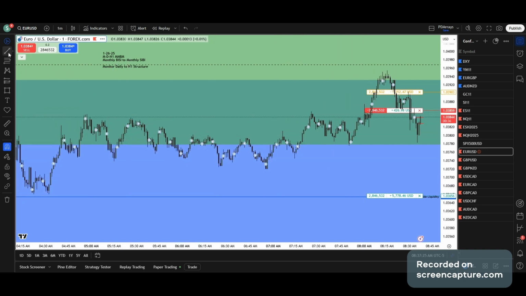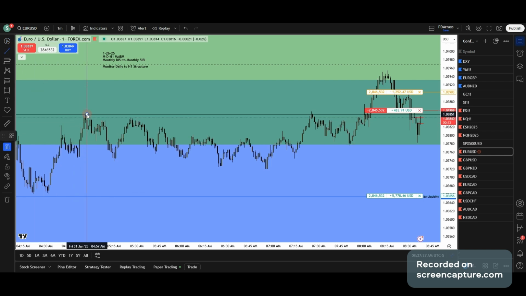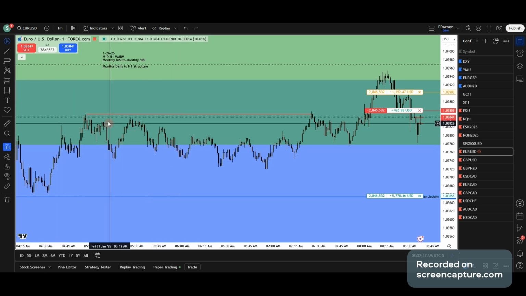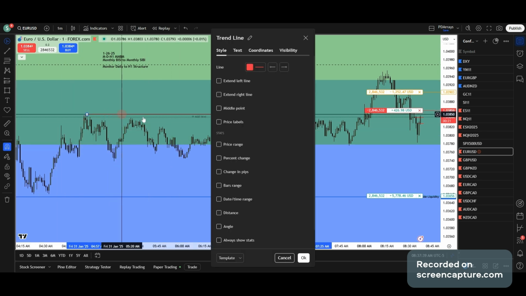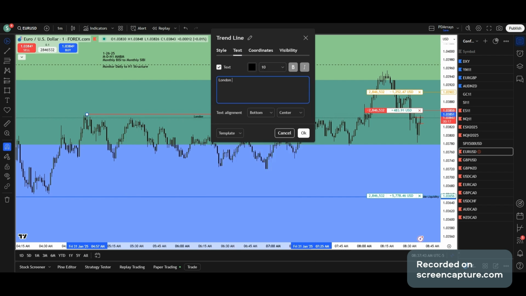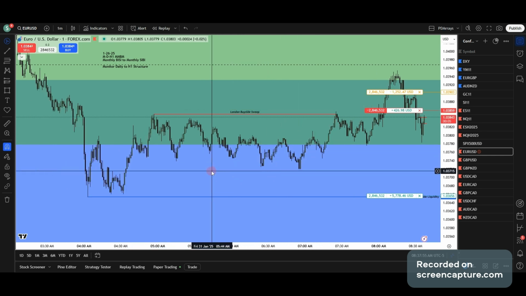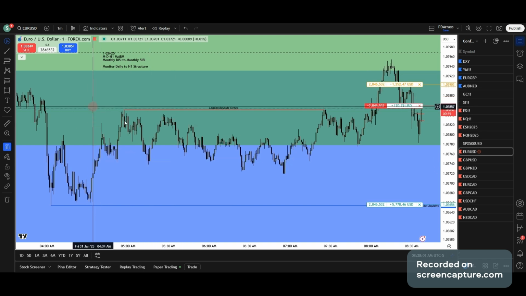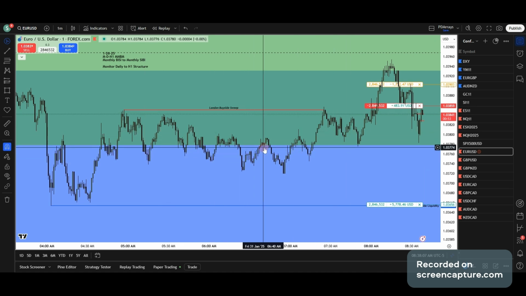Okay, so one other thing I want to note here. Okay, so this is panning out to be something very similar to the ICT 2022 mentorship model.